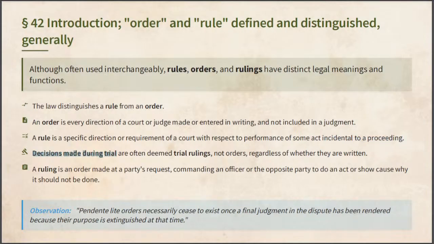Decisions made during trial are often deemed trial rulings, not orders, regardless of whether they are written. So even if they're written, it would still be deemed a trial ruling.